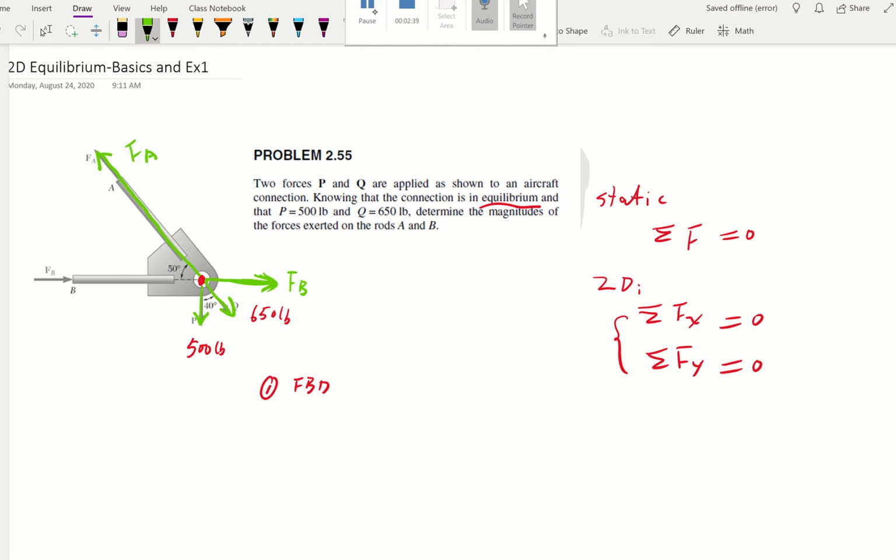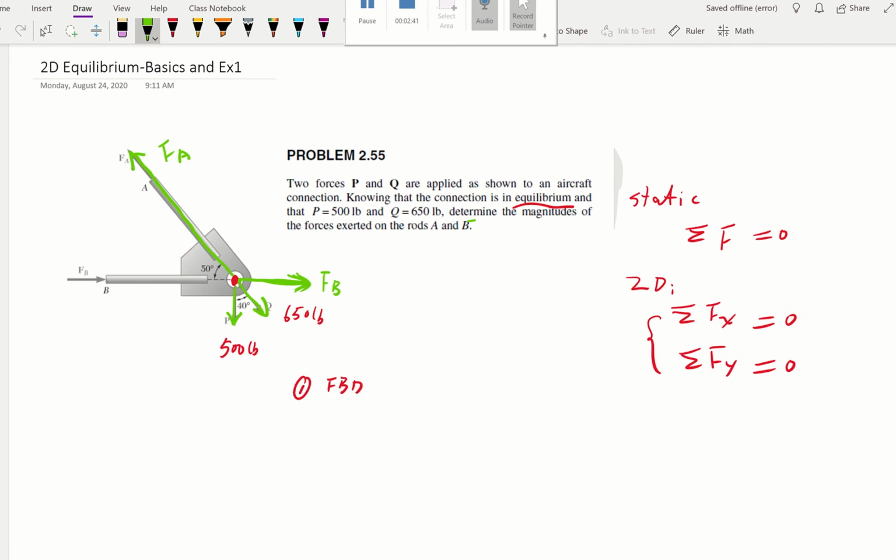Then the two unknowns: they said determine the magnitude of force at A and B, so we are solving for FA and FB. Two unknowns. And in order to solve two unknowns, we need two equations. Do we have two equations?